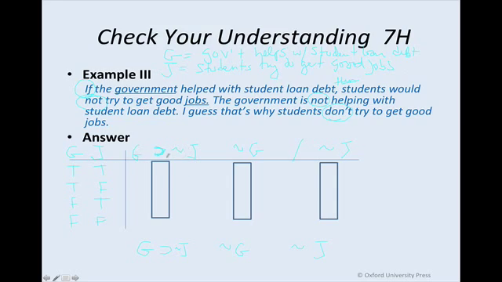So first, let's determine the values for negation J. It's going to be the opposite of each of the original values. So not true is false, not false is true, not true is false, not false is true. We know that the horseshoe is false when and only when the antecedent is true and the consequent is false.